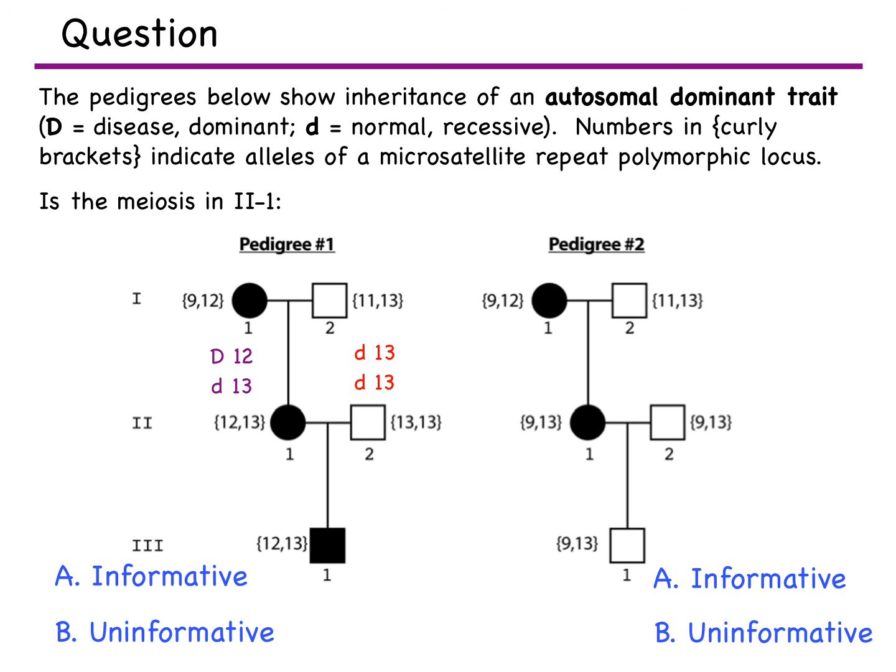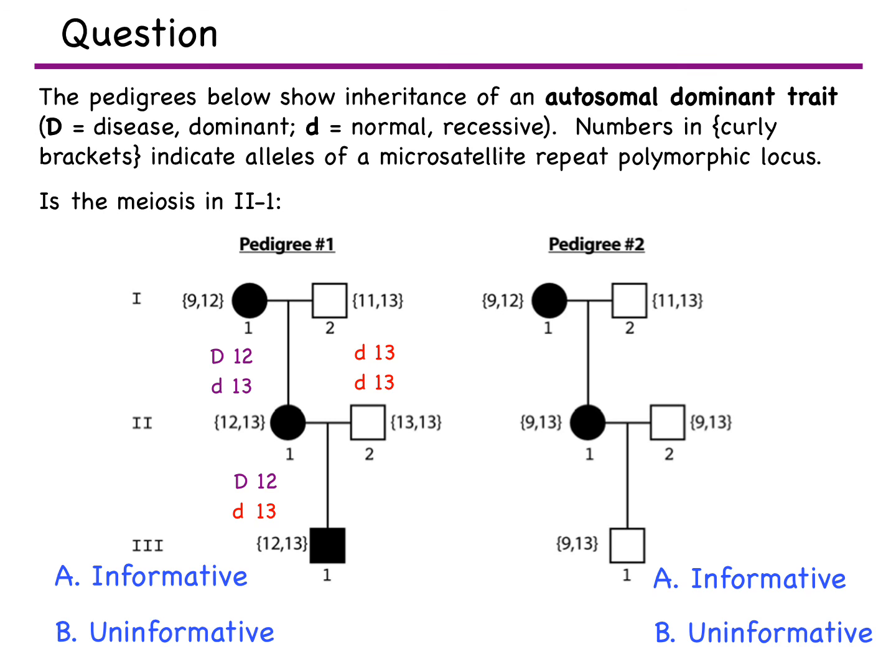The genotype of individual 2-2 is very simple here, because this person does not have the disease. They're homozygous for the non-disease-causing allele, and also homozygous for the VNTR that has 13 repeats in it. Now if we look at the genotype of individual 3-1, you can see that person has inherited the disease.